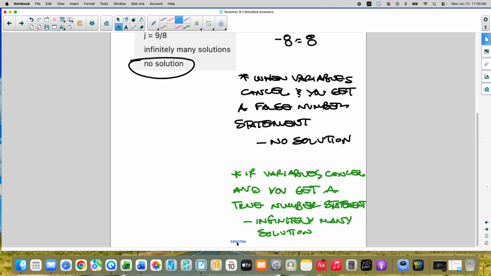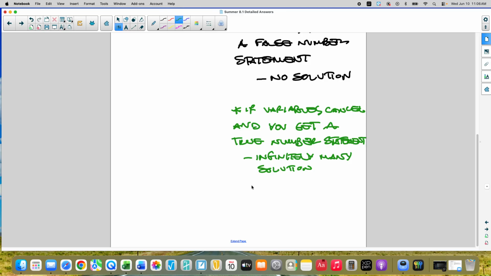Another answer could be identity. You might see identity. You also may see all real numbers, because every number is a solution.